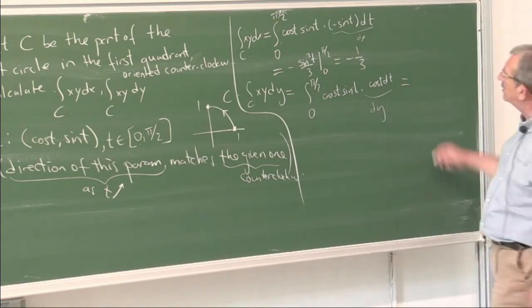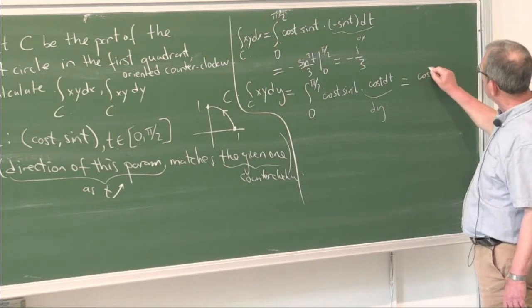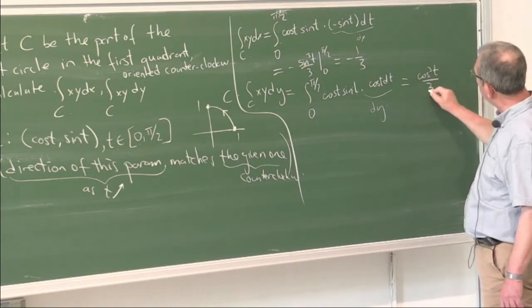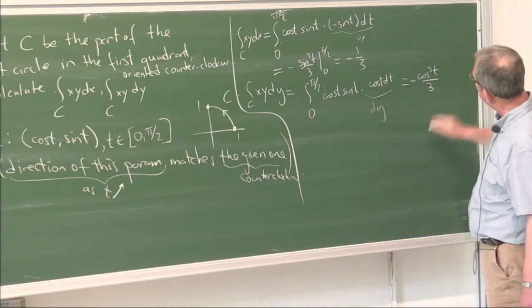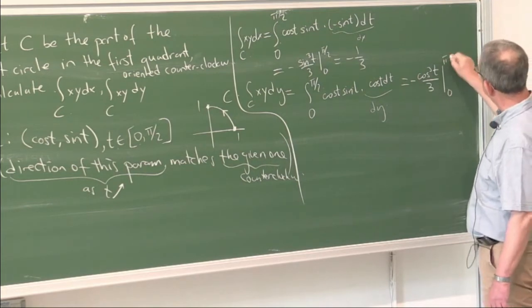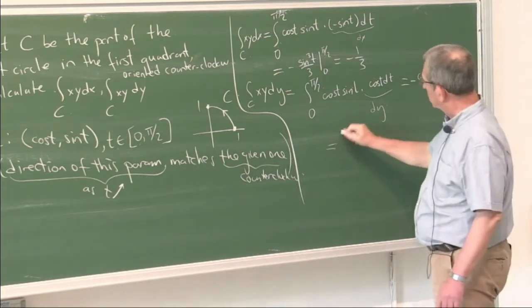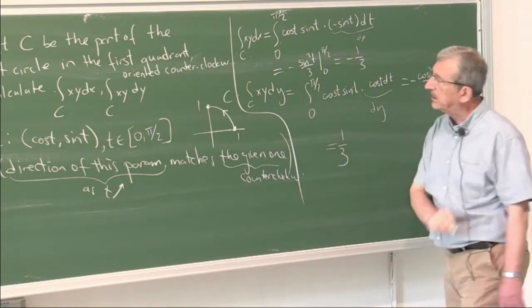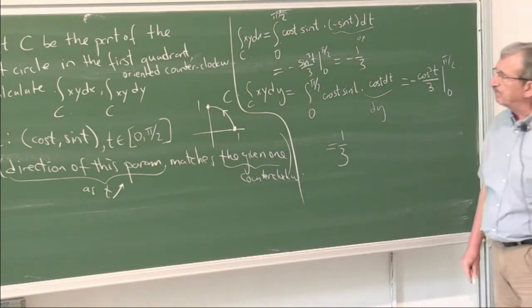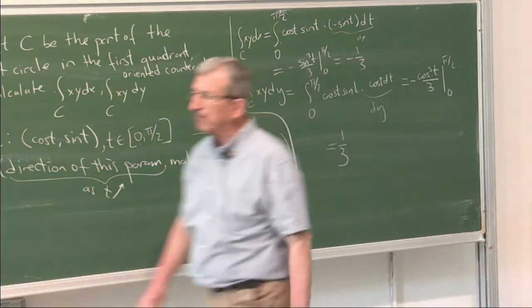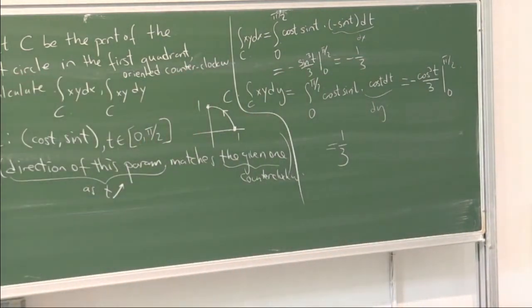So it would be cosine cubed t over 3, but the derivative is negative, so we have this. Of course, at pi over 2, you have 0, so this time it is plus 1/3. So the matching of the direction is very important.